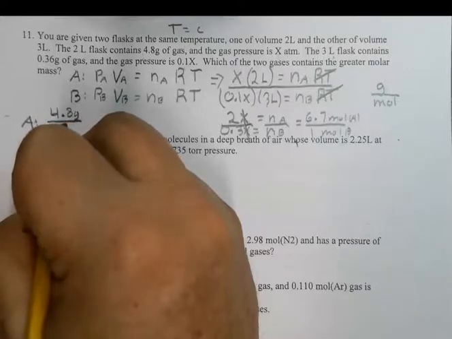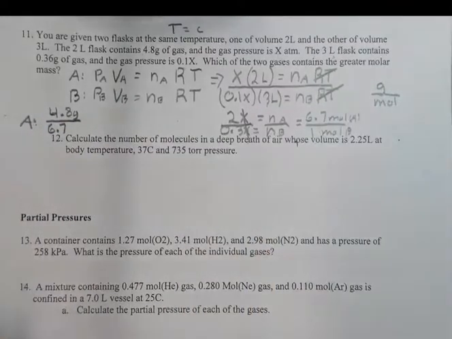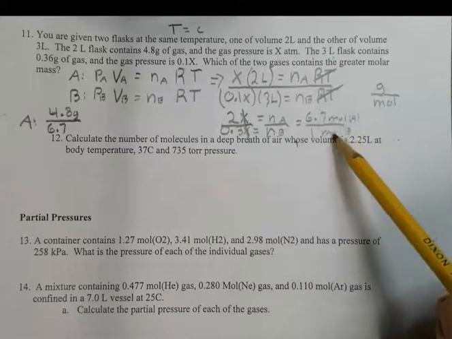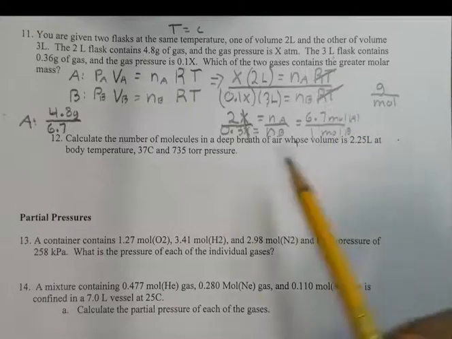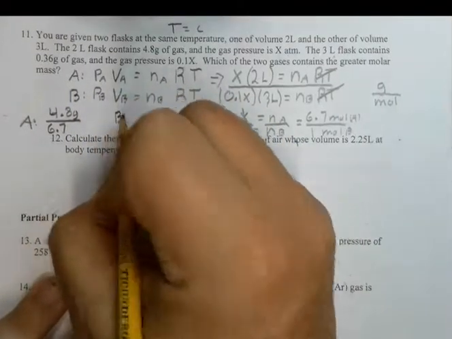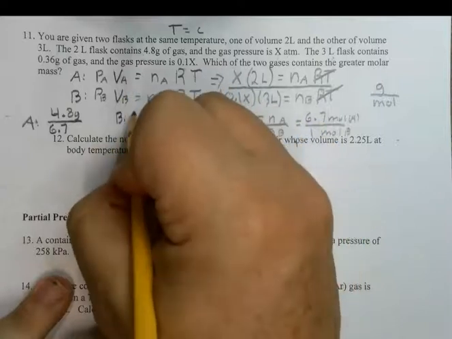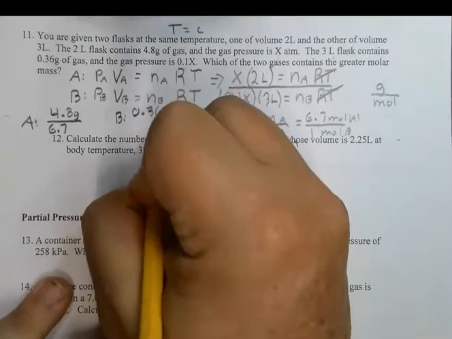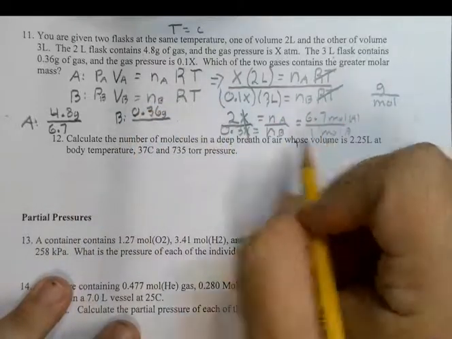We don't know that's the exact number, but it's a ratio. It's almost like an empirical formula, the lowest common denominator ratio of these two. For B, we have 0.36 grams of B over 1 mole of B.